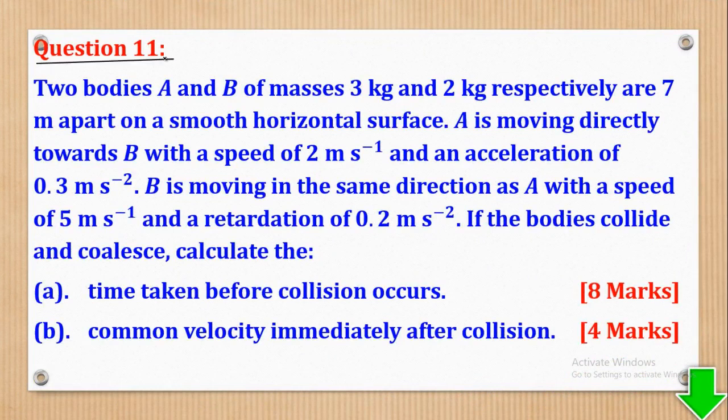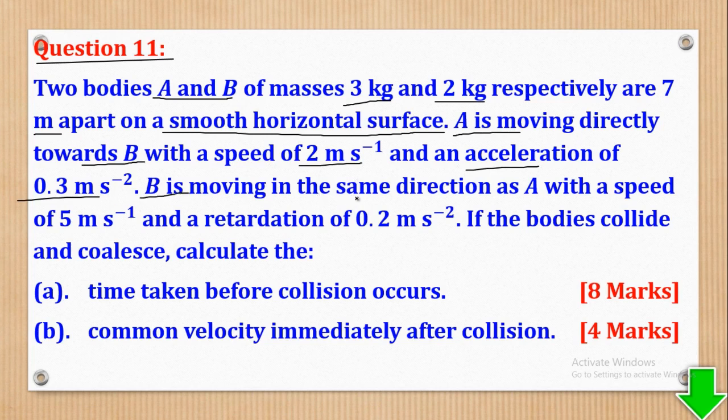Now we shall go to question 11, which says two bodies A and B of masses 3 kilograms and 2 kilograms respectively are 7 meters apart on a smooth horizontal surface. Smooth means there's no opposing force. A is moving directly towards B with a speed of 2 meters per second and an acceleration of 0.3 meters per second squared.